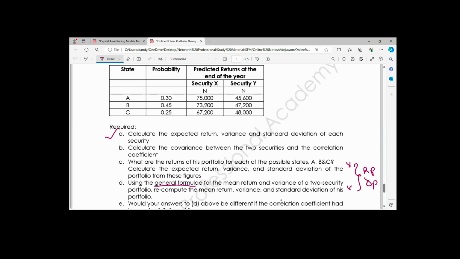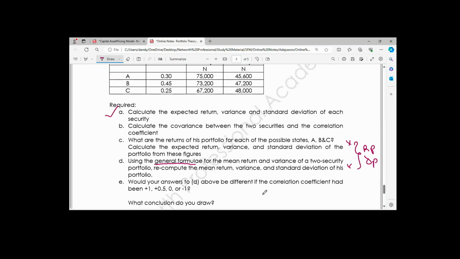All right. Then number E, the examiner is asking, would your answer to D above be different if the correlation coefficient had been +1, +0.50, or -1? What this means is that when you want to calculate the risk of the portfolio, where you have correlation coefficient R, the examiner has given you the R's.